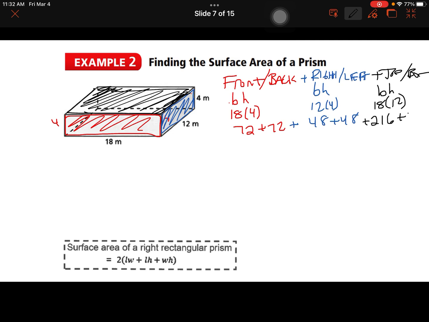You have to add that in there twice. So we have 216 plus 216 plus 48 plus 48 plus 72 plus 72 for a grand total of 672 meters squared. Now that's fairly straightforward.